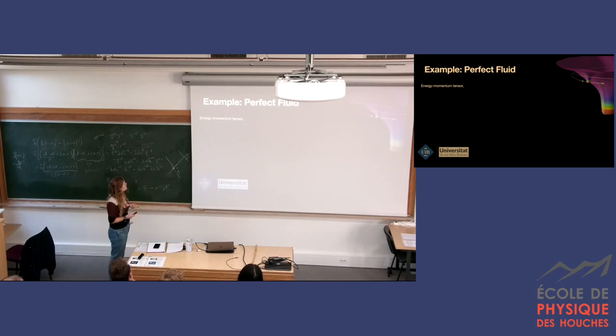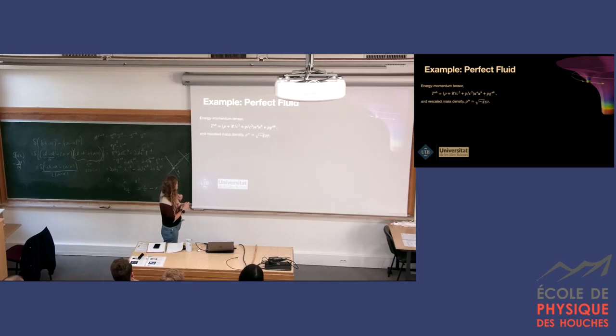Okay, so what I thought I'd do, this took way longer than I thought. I thought I'd do a perfect fluid. So you have your energy momentum tensor for a perfect fluid, and a rescaled mass density. So basically, we just have our usual Lorentz factor.